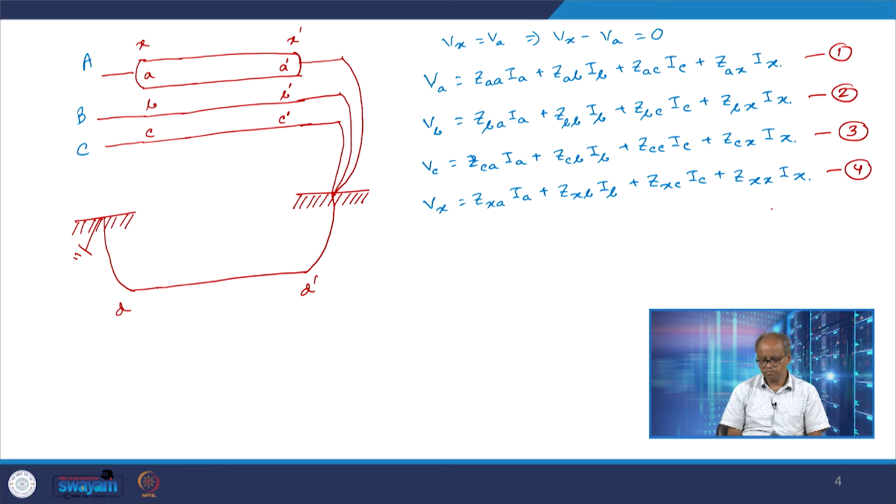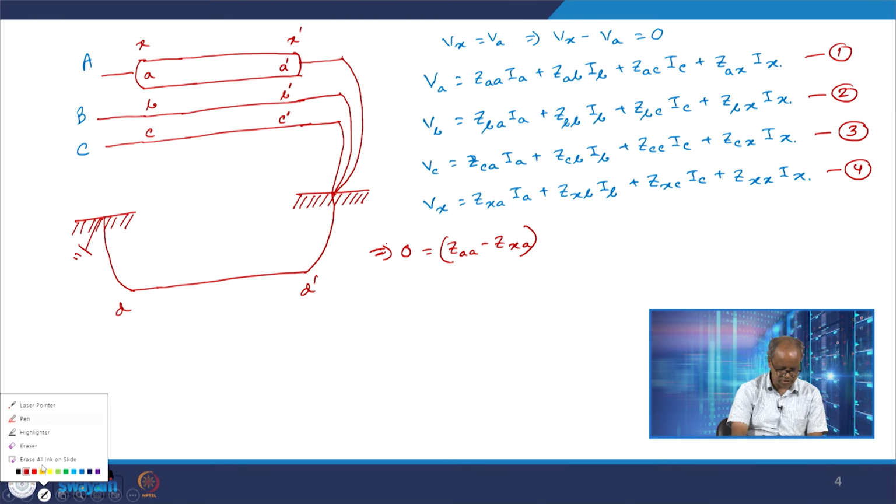Now from equation 1 and 4 I can write down that 0 is equal to ZAA minus ZXA into IA, or rather let us write it in that fashion.